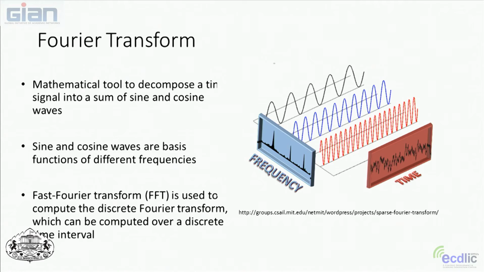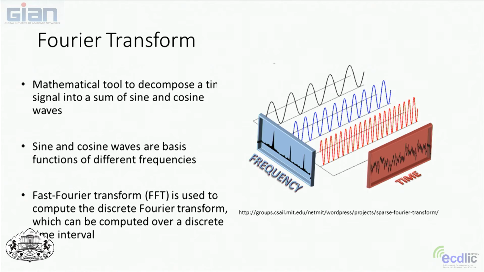So if you look at this plot on the right, I don't know if you can see it, but there's a time signal in the red there. And you can take that time signal and you can represent it by sums of sines and cosines. So if you look behind it here, you can take this signal and decompose it into sums of different frequency waves of sines and cosines. So all you're doing basically is taking this function and breaking it down into these different types of frequency waves.